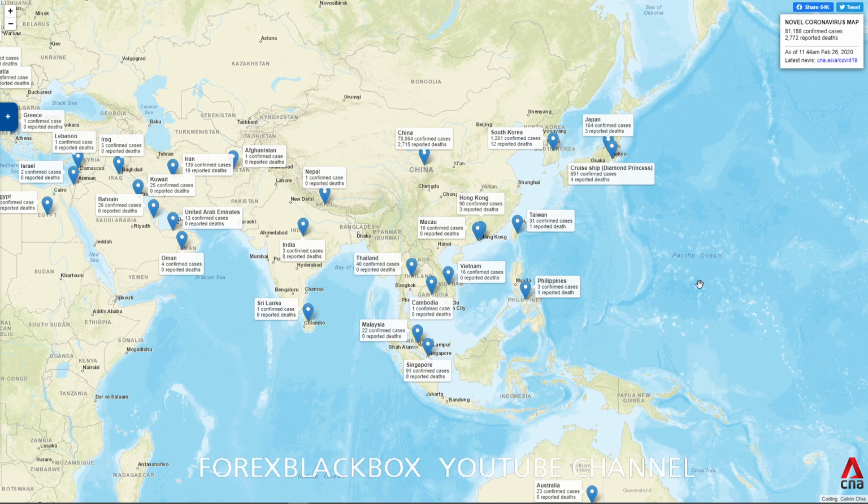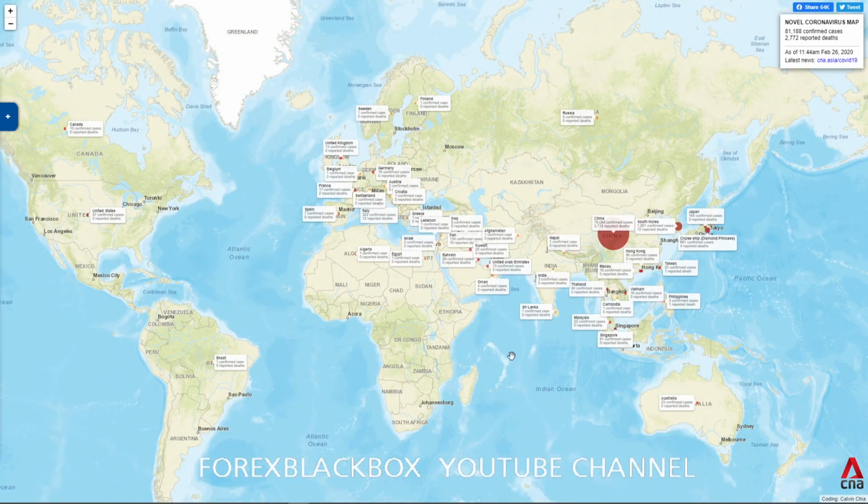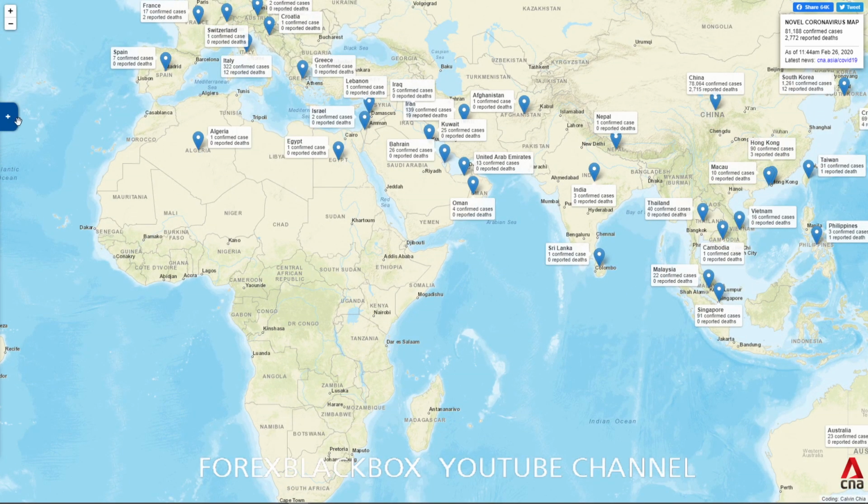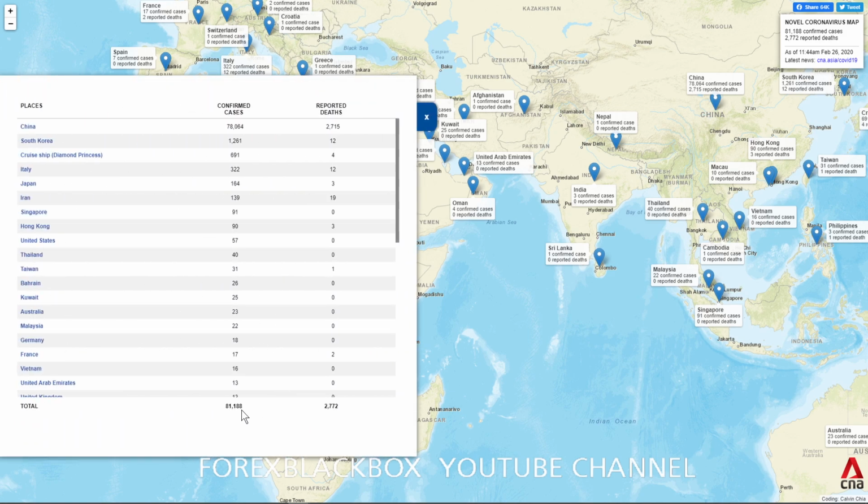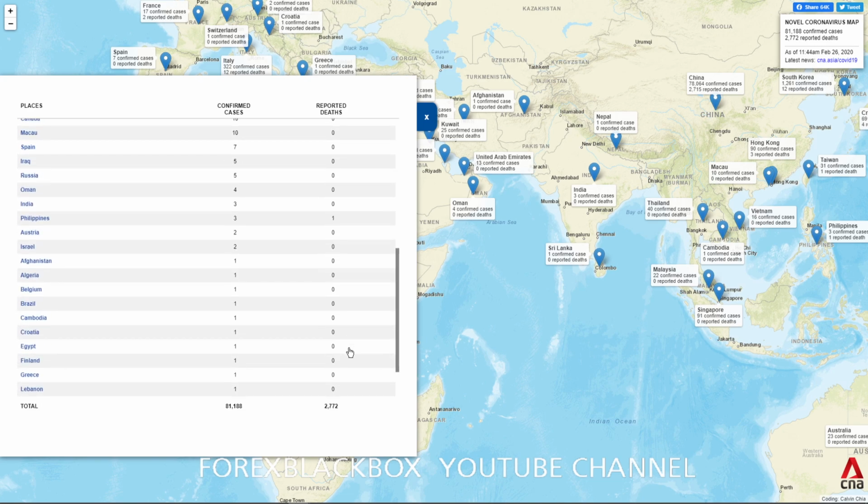First things first, we'll have a quick look at the coronavirus and how it is developing. We still have some increase in cases. It was 80,000 yesterday. We have an extra 1,000 plus on account, 2,077 deaths overall globally. This map, let me give you a copy of it in the chat. Here you go.